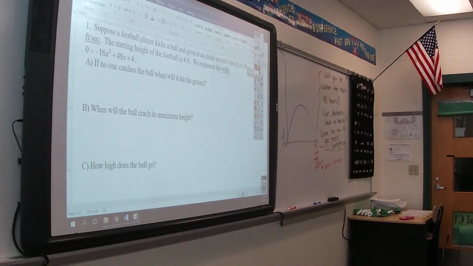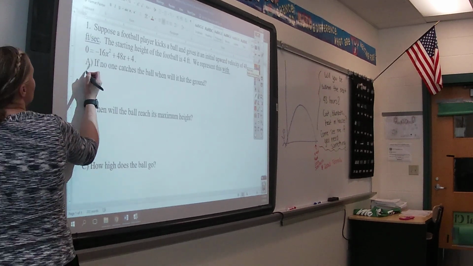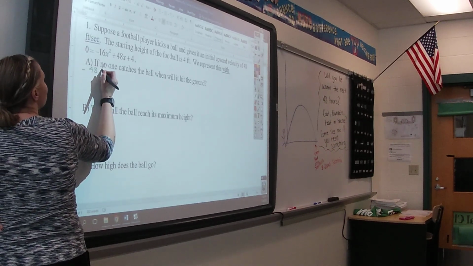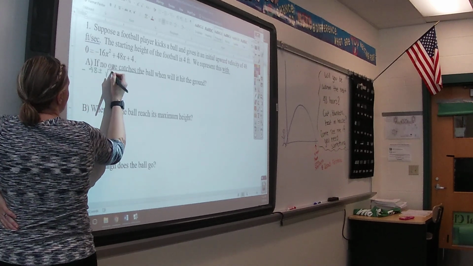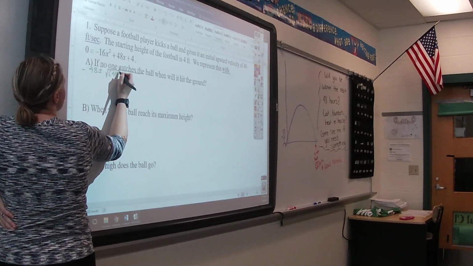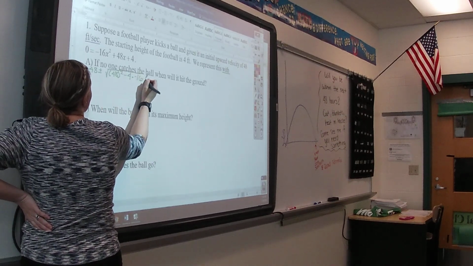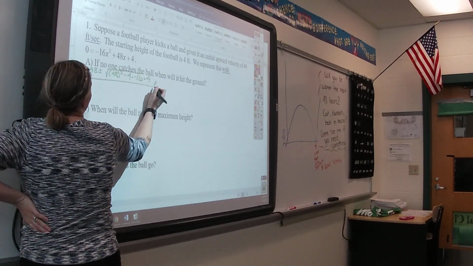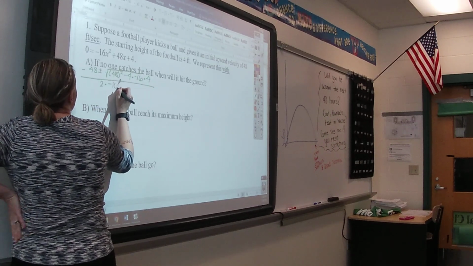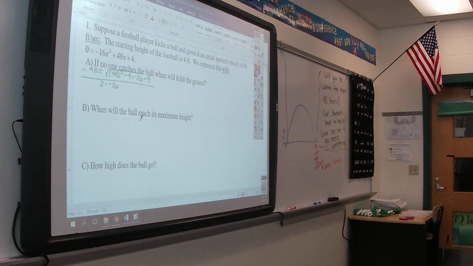So a is -16, b is 48, c is 4, right? We'll start plugging in. So -48 plus or minus the square root of 48 squared. At this point, you should be like, okay, it's a little bit tedious, but I know exactly what I'm doing because I'm plugging into the quadratic formula.